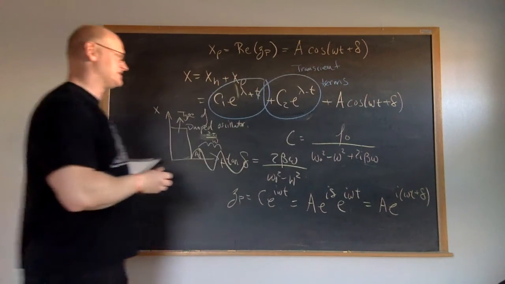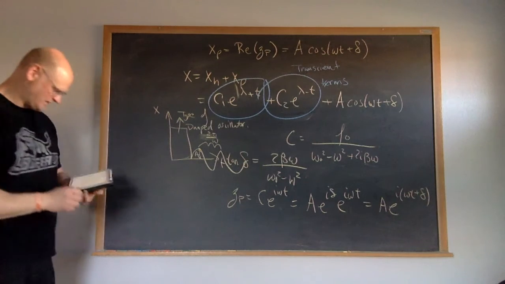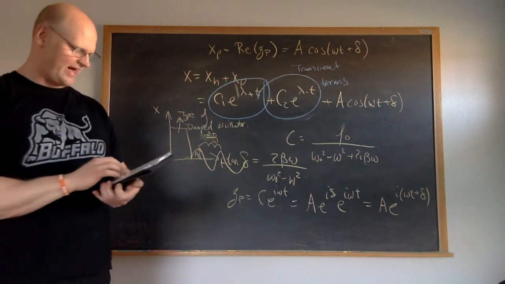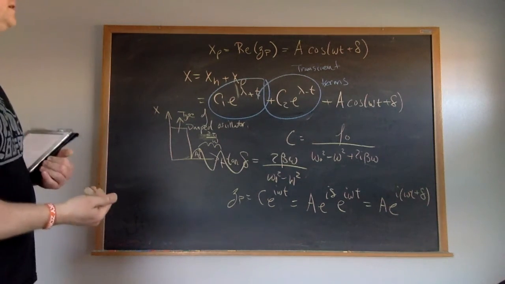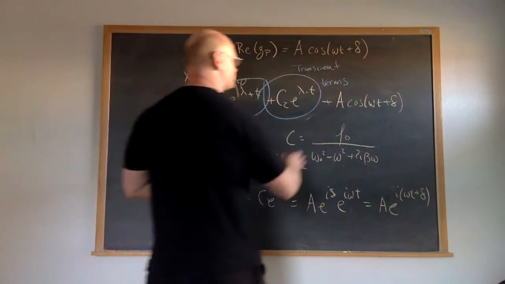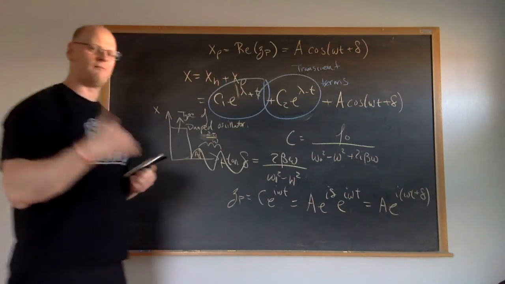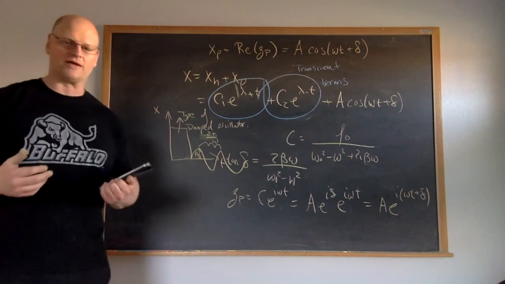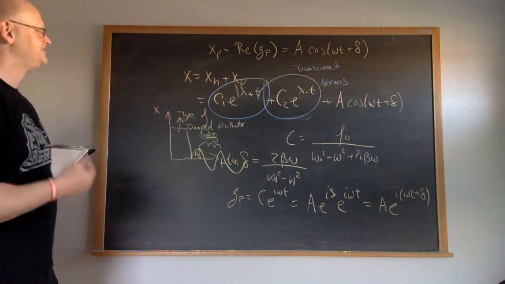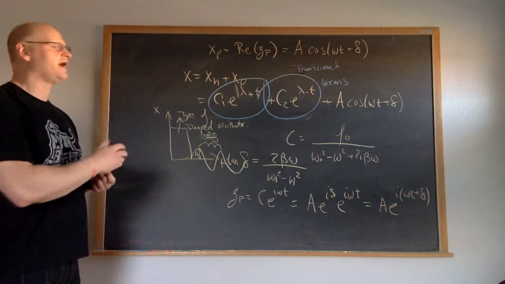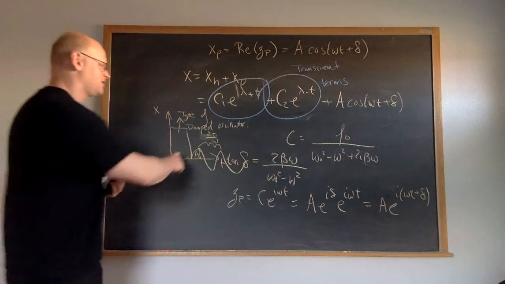Even though they determine what's happening for early times, these things are simply going to die out and go to 0, and then we're left with just this driven oscillator. So again, no matter what type of damped harmonic oscillator we start off with, they all approach this same situation.